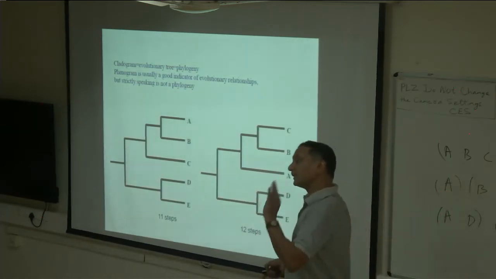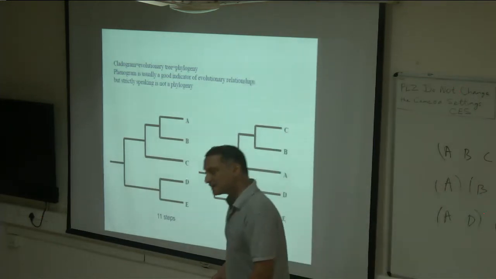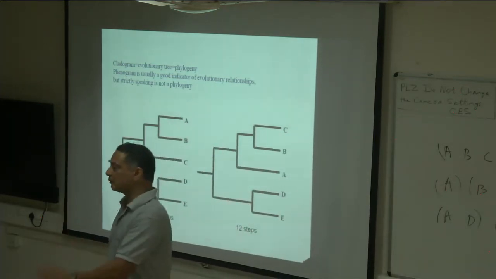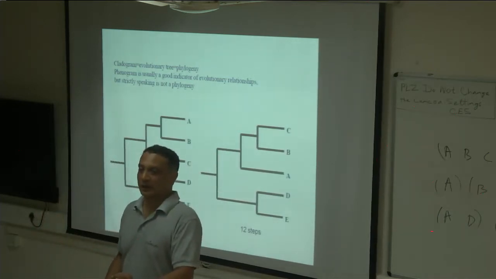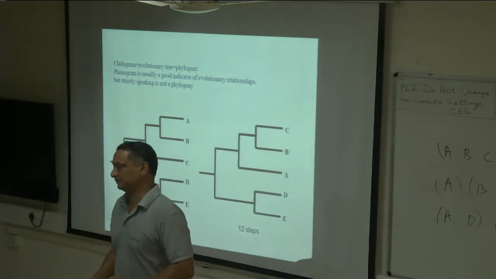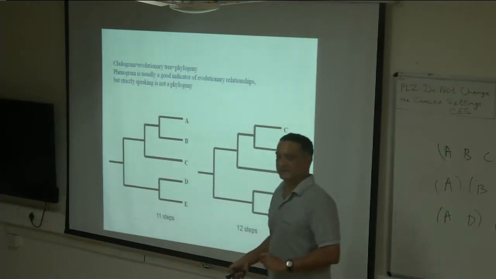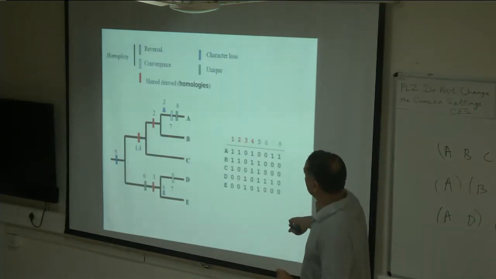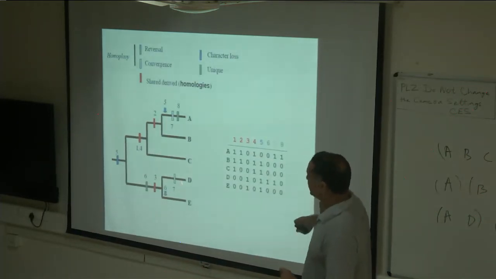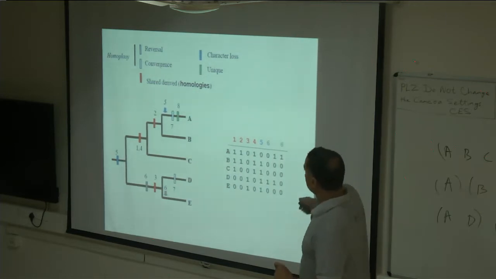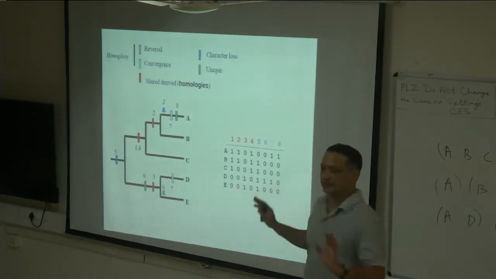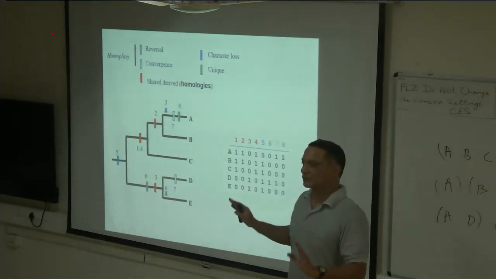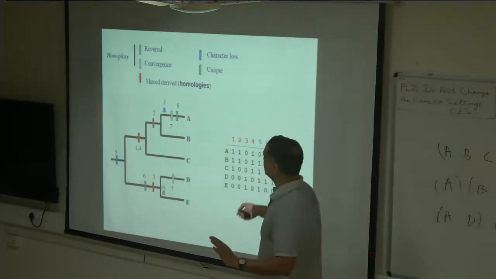Okay? Now, characters that are consistent with the most parsimonious tree then become your synapomorphies. Does that make sense? Yeah? So, we have picked this tree. The characters 1 through 4 are consistent with this tree. Those are your synapomorphies.